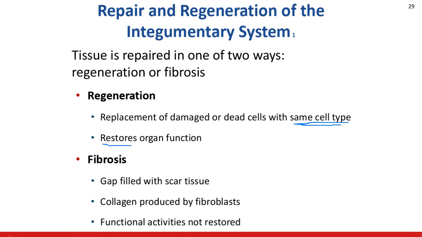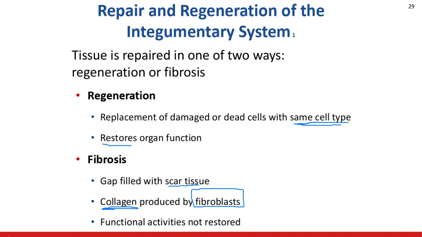But unfortunately, we don't always get that. If we can't regenerate, then we're going to undergo fibrosis, which means that in that injured or damaged area, we are going to fill that area with scar tissue. A lot of that scar tissue is made up of collagen protein fibers, and fibroblasts are the cells that make that. You need to know that.